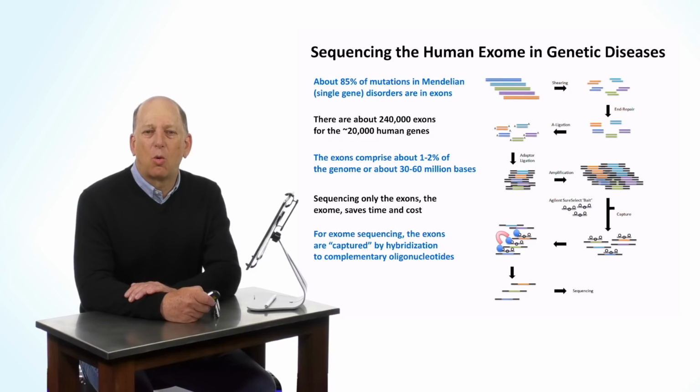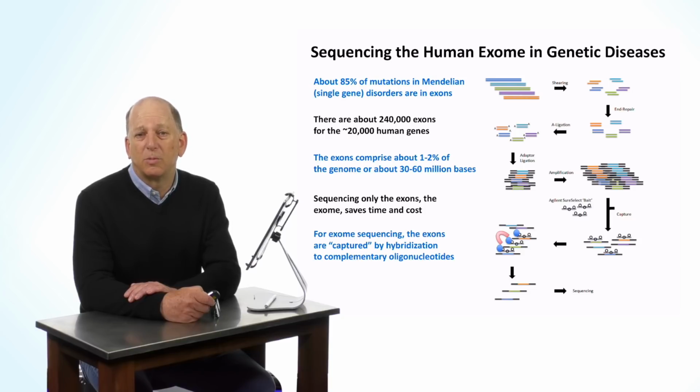There are about 250,000 exons that together code for the 20,000 or so human proteins. Since these exons only comprise about 1 to 2% of the genome, sequencing only the exons would be faster and cheaper. But the exons are distributed in short sequences throughout the genome, so how could they be isolated and the other 98% of the genome discarded?